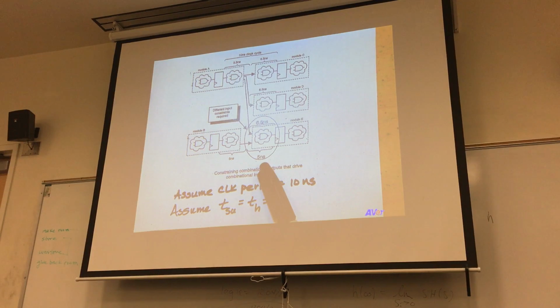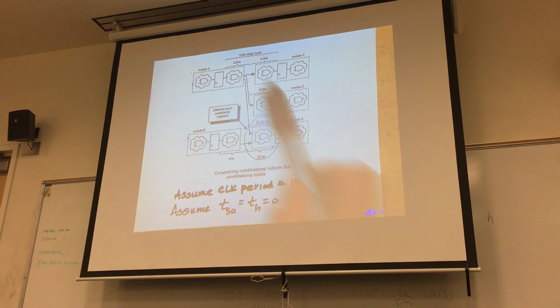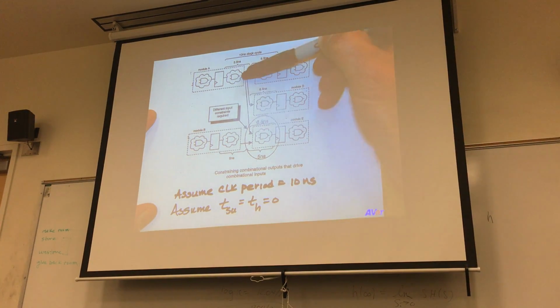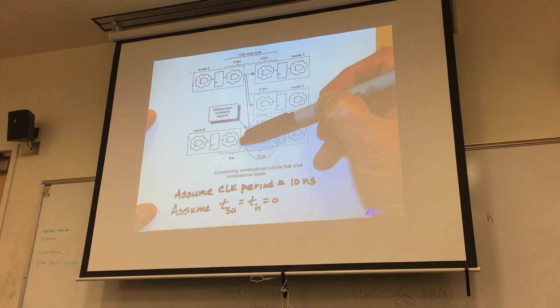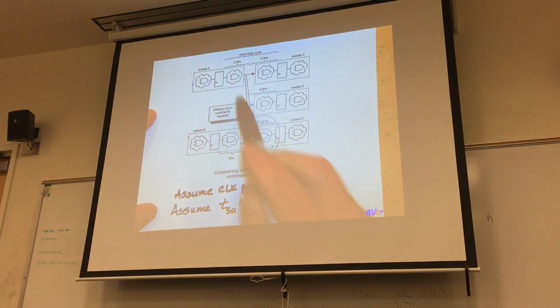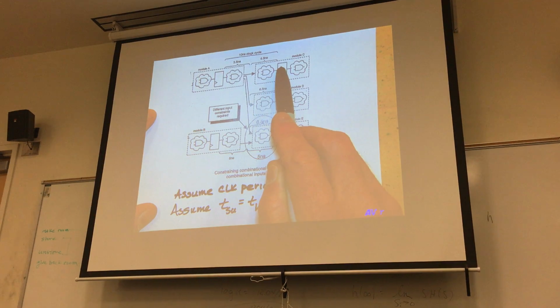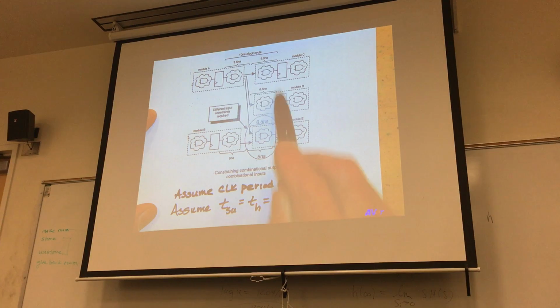Otherwise, you're going to have to increase the clock period to 11.5 nanoseconds. If these were registered outputs, the time from the output of this module to the input of this register would only be 6.5 nanoseconds, and I could actually have a faster clock.